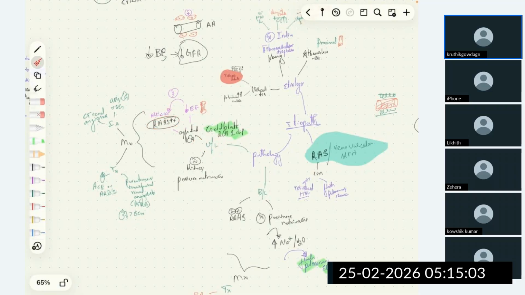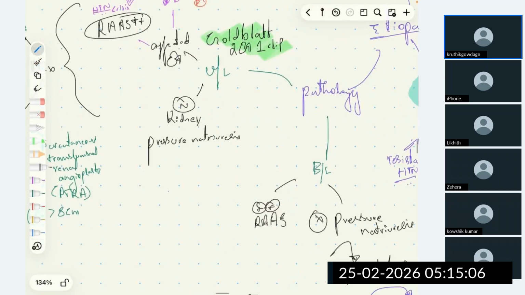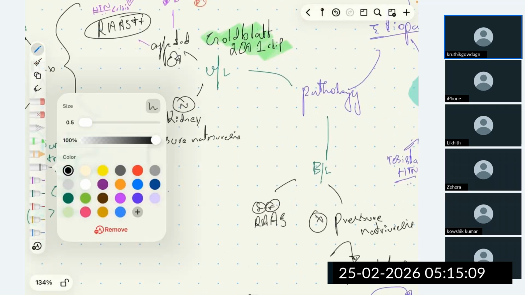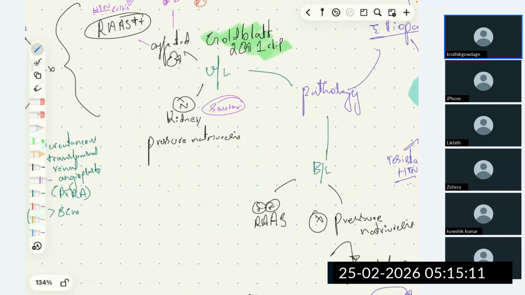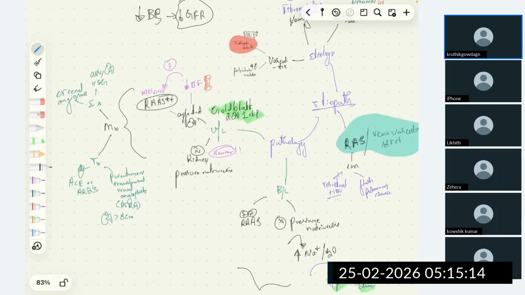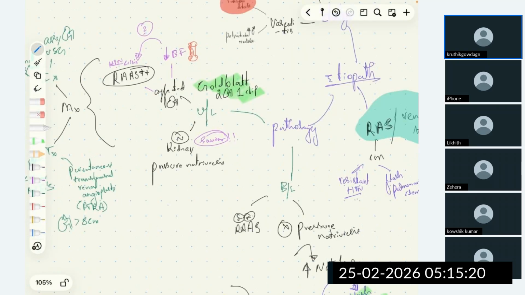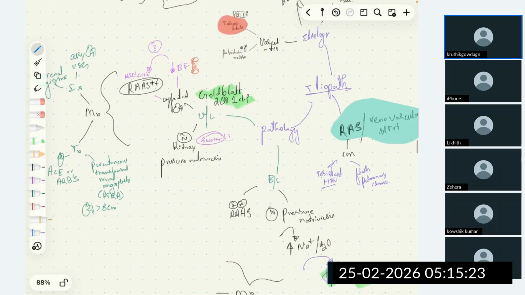What about the normal kidney? The normal kidney is the king here, the savior. I will call it the savior, because when its fellow gets affected, it will compensate. The normal kidney undergoes pressure natriuresis. When the other kidney's blood supply is reduced, it is followed by increased GFR in the opposite kidney, and thereby increased filtration and pressure natriuresis.